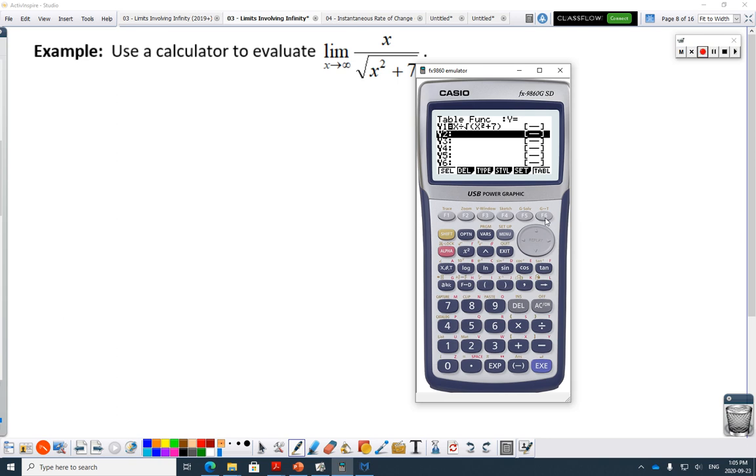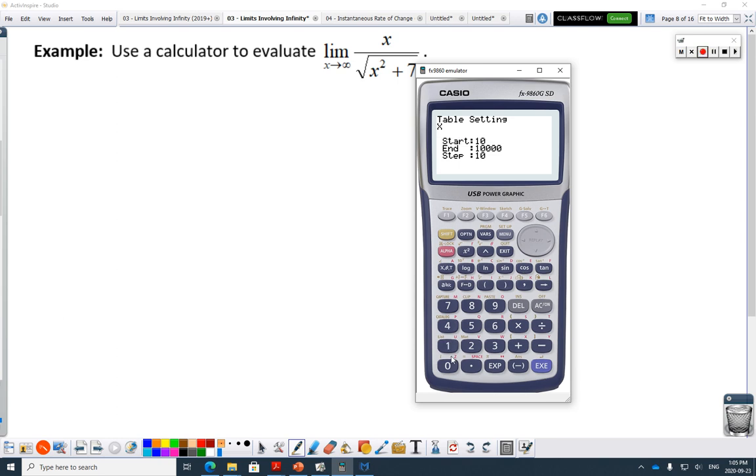And I hit table. Oop, range error. I did something wrong. Let me check the set. 0 to 10,000. Maybe 10,000 is too big for it. Maybe I've got to go 1,000. Exit. Oh, maybe because I'm not allowed to have 0 in this? 0 squared? No, that's fine. Set.